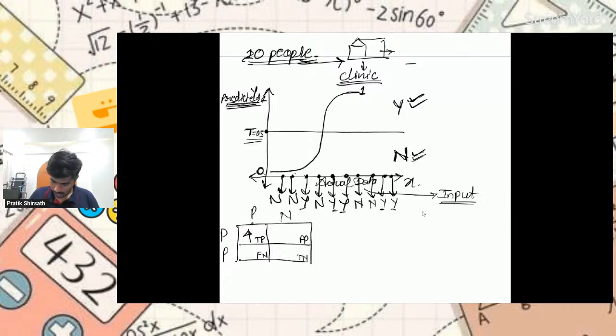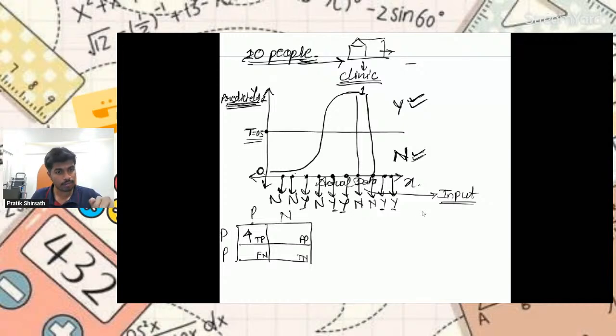So how many are actually negative but predicted as positive? So this no, this no. Yeah, total 2 people were actually negative but predicted as positive by the model. So from these, that is 2. Of course likh diya maine 2.